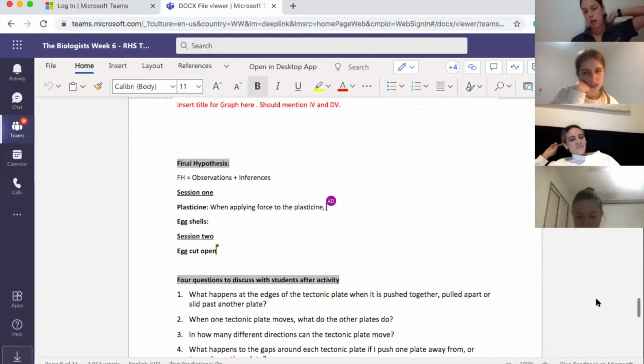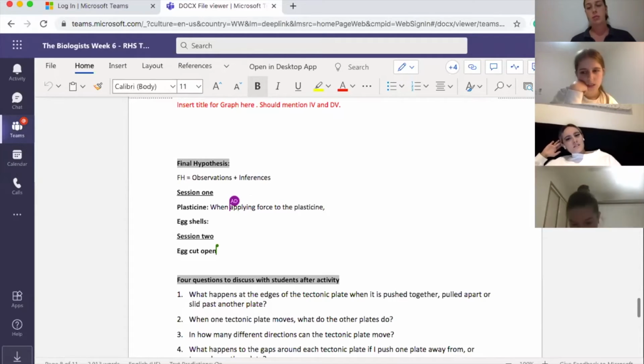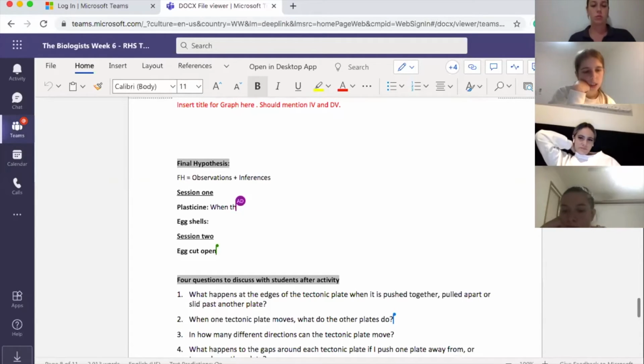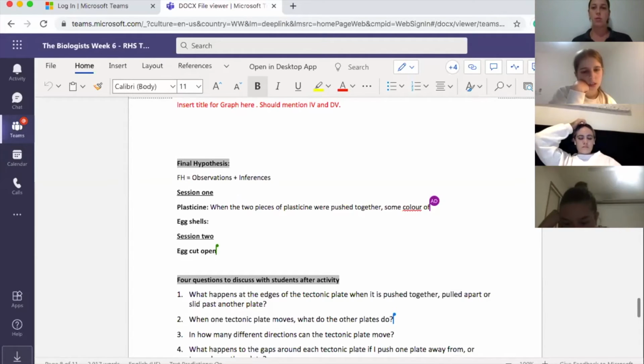Is this the part where we go into detail with a couple of sentences? I think so. So we say when it was pushed together, this happened, and then write them all together like a big paragraph.